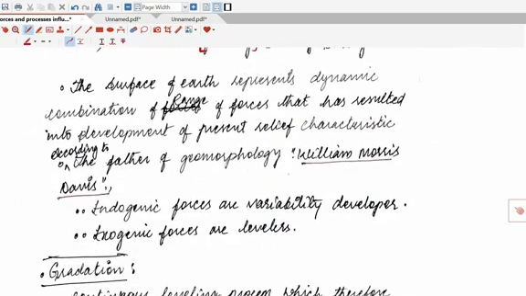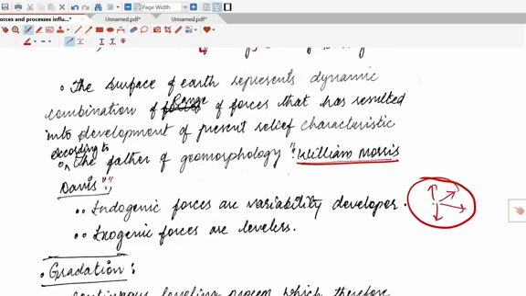The father of geomorphology, William Davis, said that endogenetic forces are variability developers. Consider this as the Earth. Endogenetic forces means the forces which come from within the Earth.